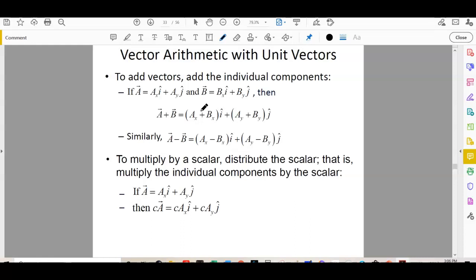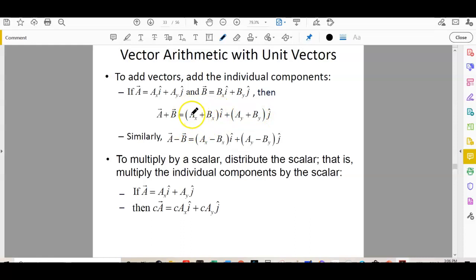Okay? So if you're given a vector A that has components in the i and j directions, so in the x direction and y direction, and you're given a vector B in the x direction and y direction, then vector A plus vector B, when you add them together, you just put the unit vectors of i together and the unit vectors of j together, and that would allow you to really quickly add up those two.